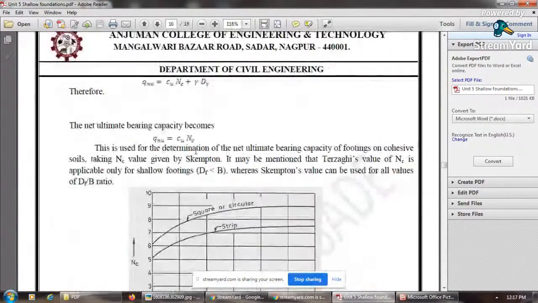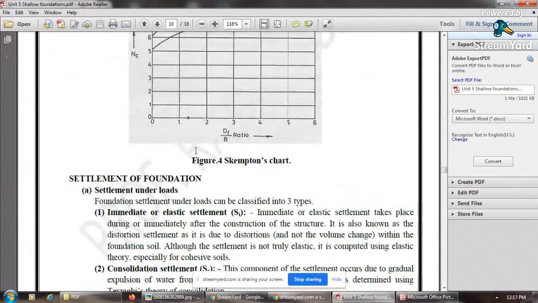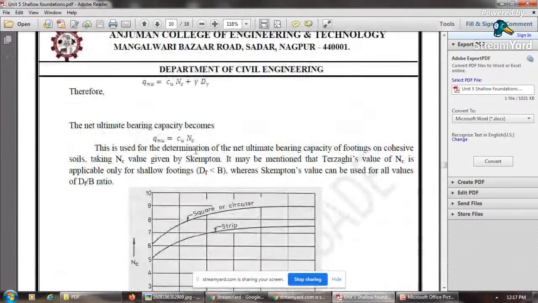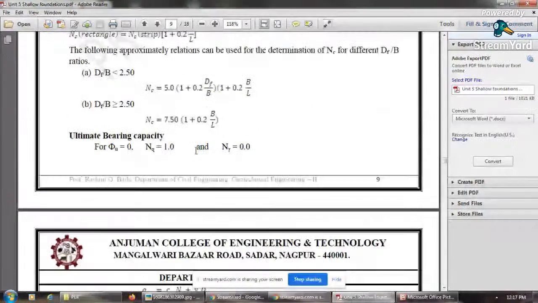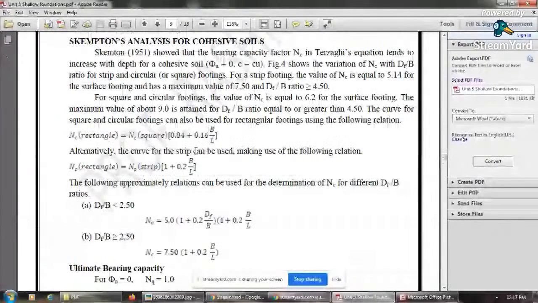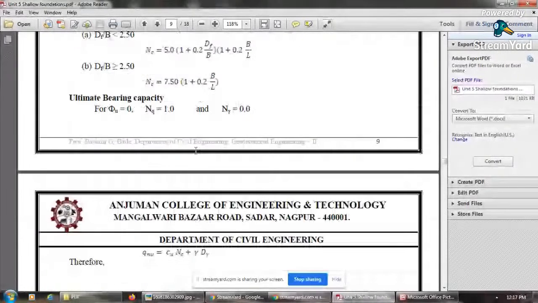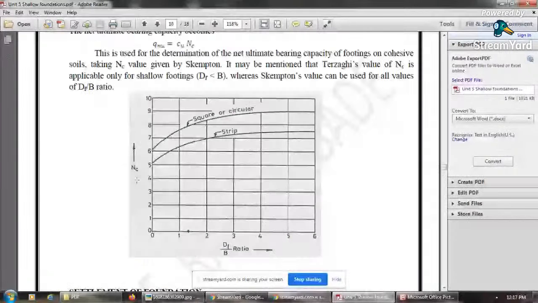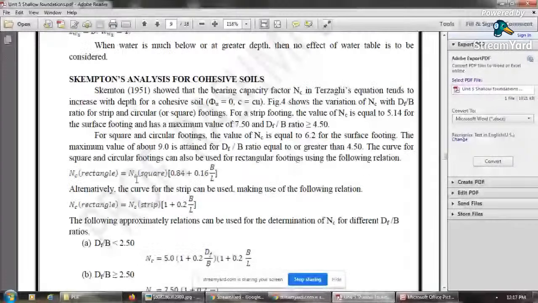So here is your figure 4. So we'll see what that is. This is your Df by B ratio, and this is your Nc, for strip and circular or square footing.